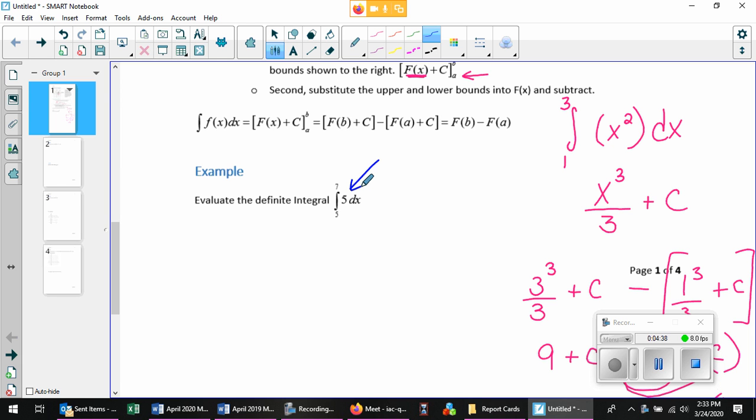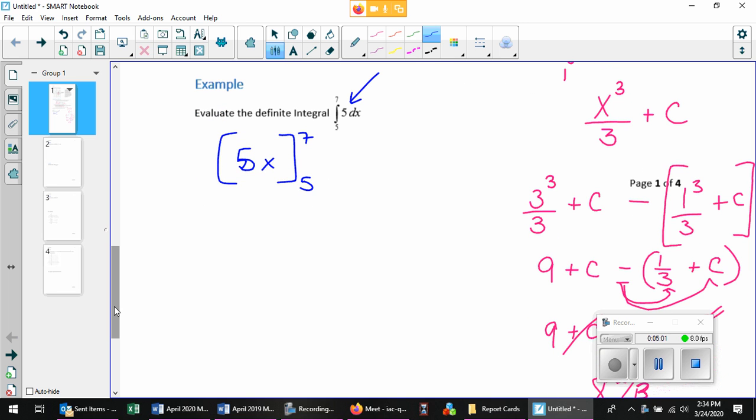So we're going to write down 5x, square bracket, and then lower limit on the bottom, upper limit on top. This is the correct notation. When it's in the square brackets, we know that it is the antiderivative.